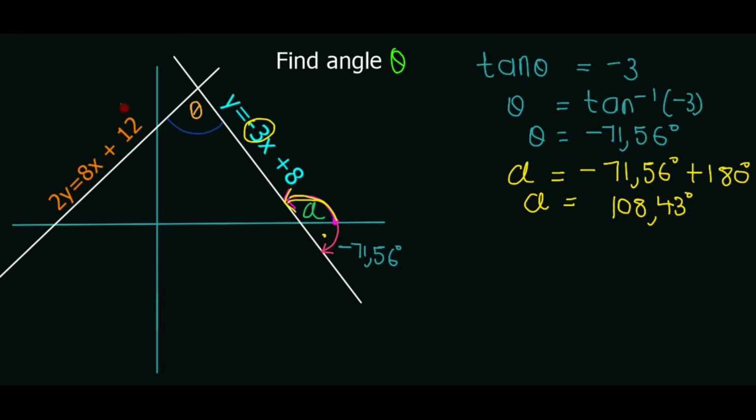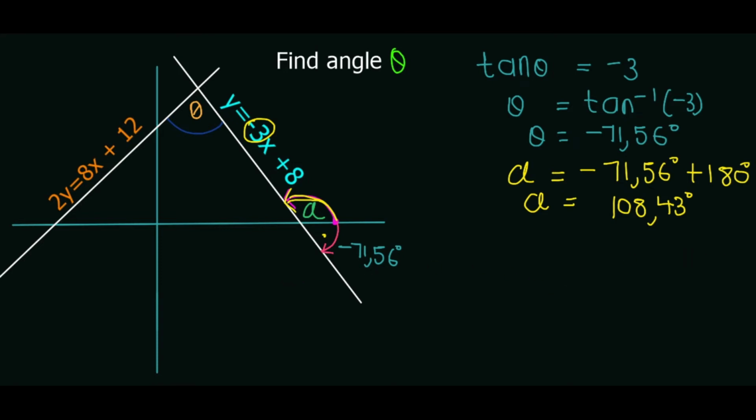And then another straight line here, and then the equation. From this equation, I'm going to find the gradient. But the first thing is that the equation has to be in standard form, because the equation is in the form of y is equal to something.